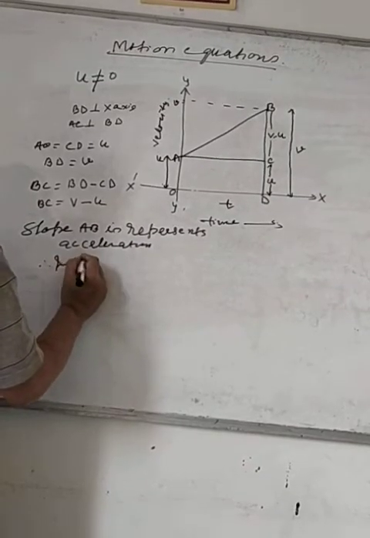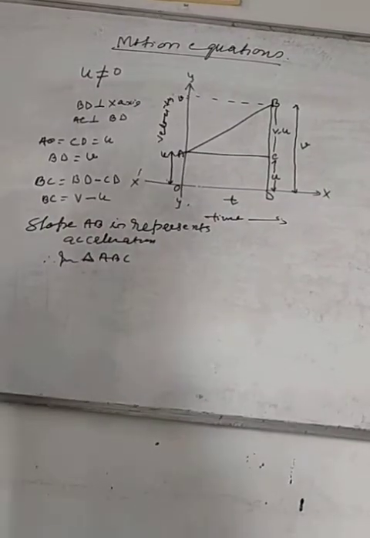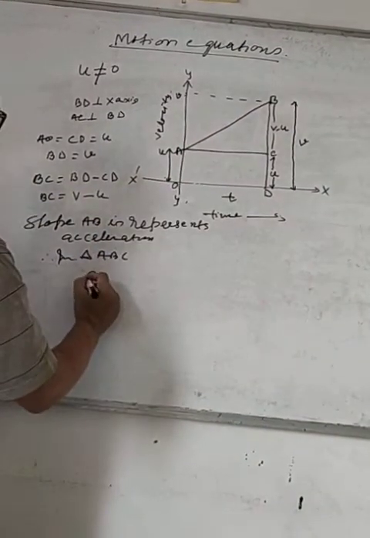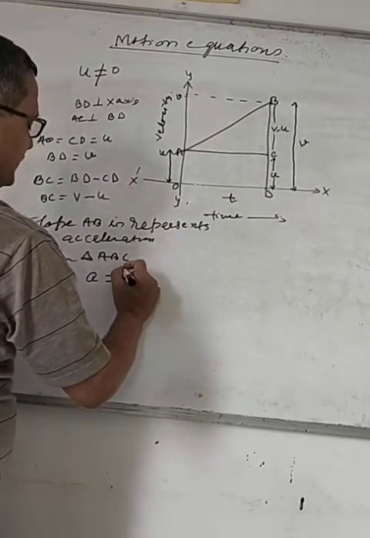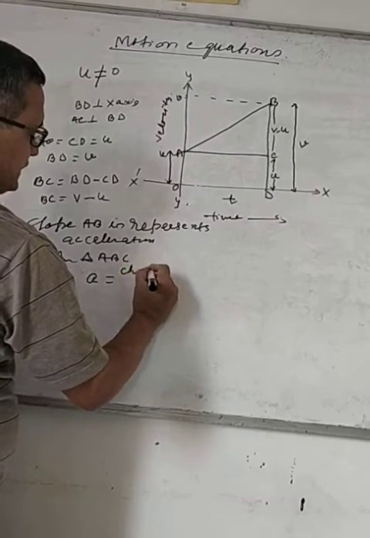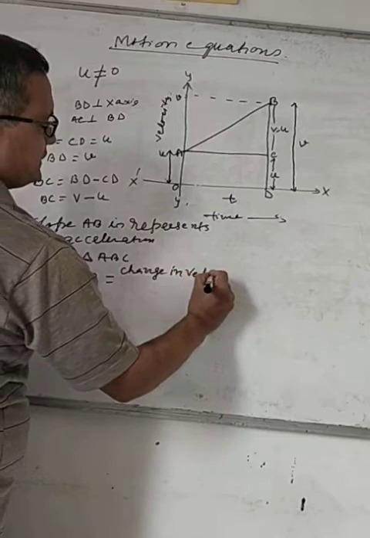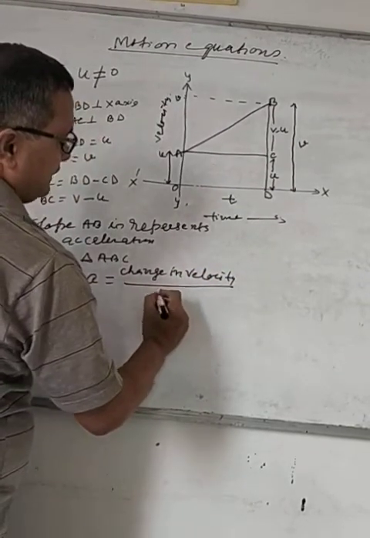In triangle ABC, slope AB, that is A, equal to change in velocity upon time taken.